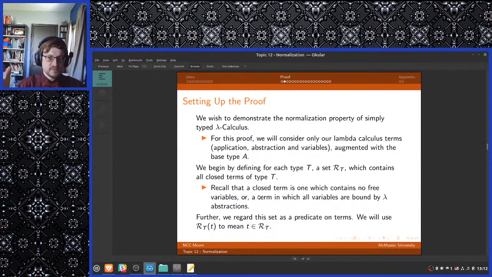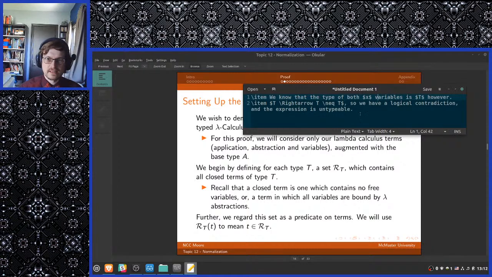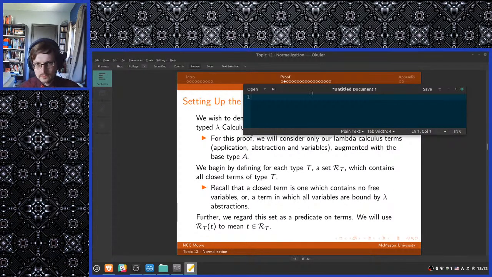Remember the difference between free and bound variables. A free variable is one that is not bound by any lambda abstraction, but a bound variable is one that is bound by a lambda abstraction. So, for example, if we have lambda x, x y, x is a bound variable, y is a free variable.